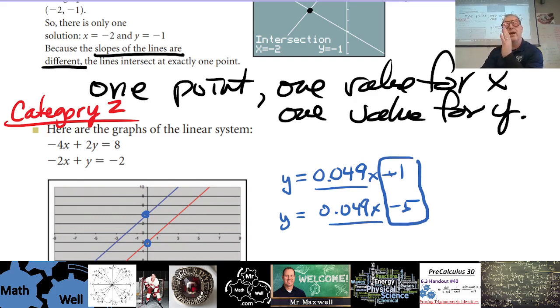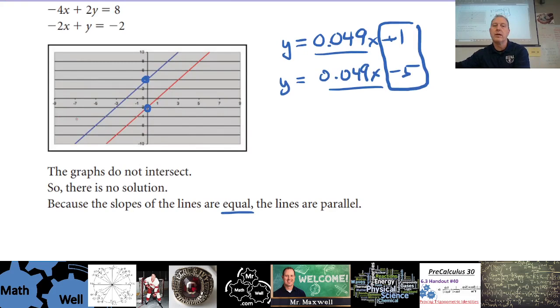Category 2 is when the lines are parallel, okay? Now, what you're looking for in category 2, when there's no solutions at all, they never meet, you're looking for the exact same slope, but what? Different, what did I say? Different y-intercepts. All right? So, category 2, there's no intersection, so there's no solution. Why?